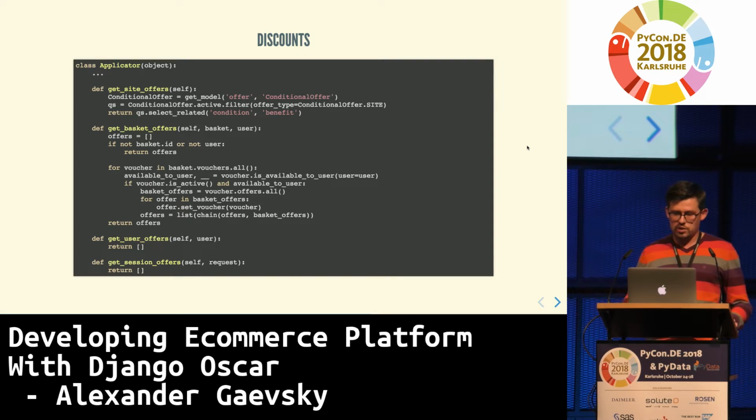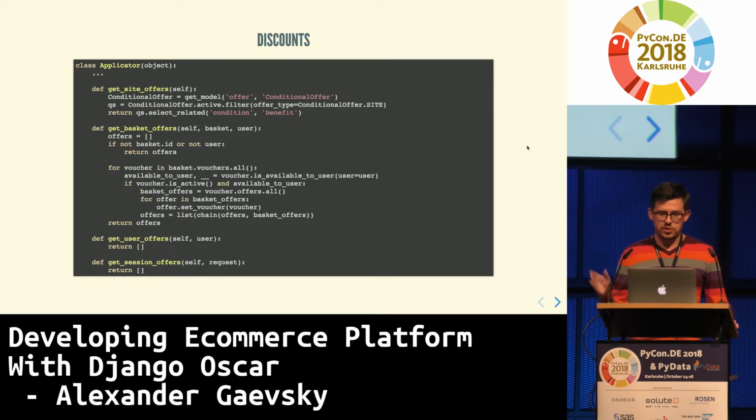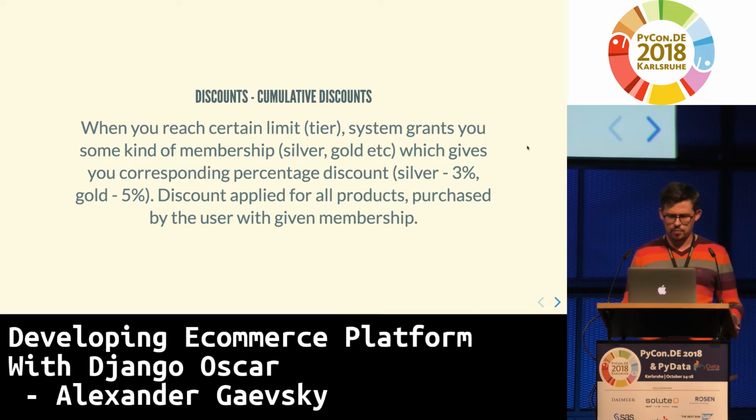Let's see how discounts are applied. There is an applicator class in the offer application, which has site offers, basket, user, and session offers. You see that the user offers and session offers are empty and not implemented. But let's add something.